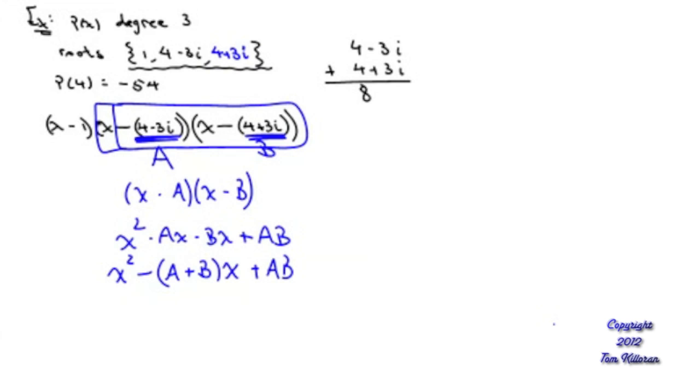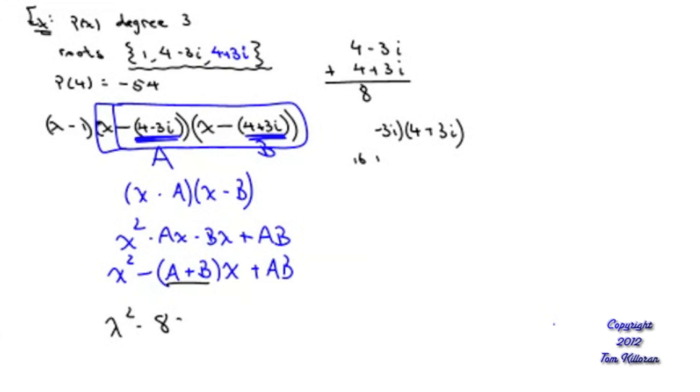So I can replace A plus B with 8. So this becomes x squared minus 8x so far. Now I need to do A times B. Well, A times B is 4 minus 3i times 4 plus 3i. What's that equal to? 16.